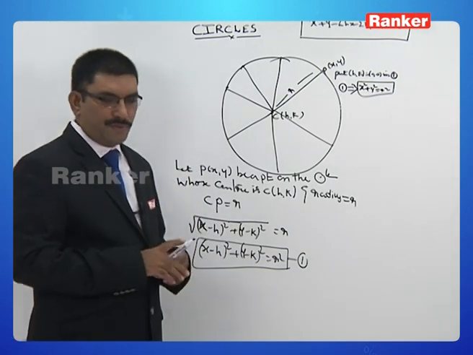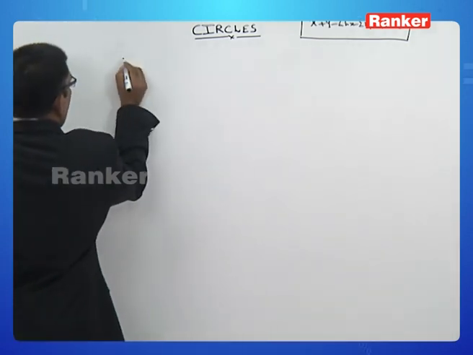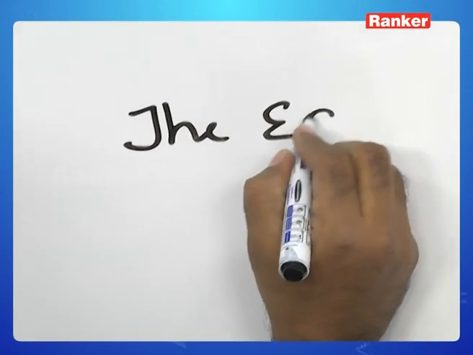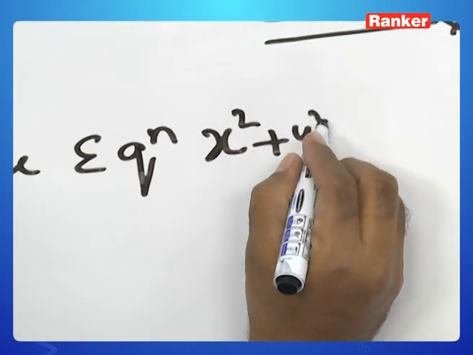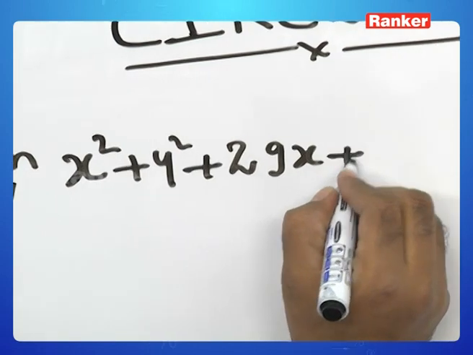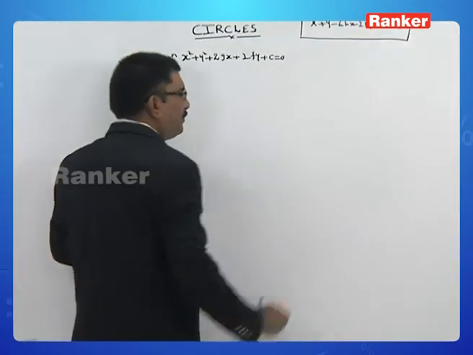Now I want to show that you can take the equation x square plus y square plus 2gx plus 2fy plus c is equal to 0.